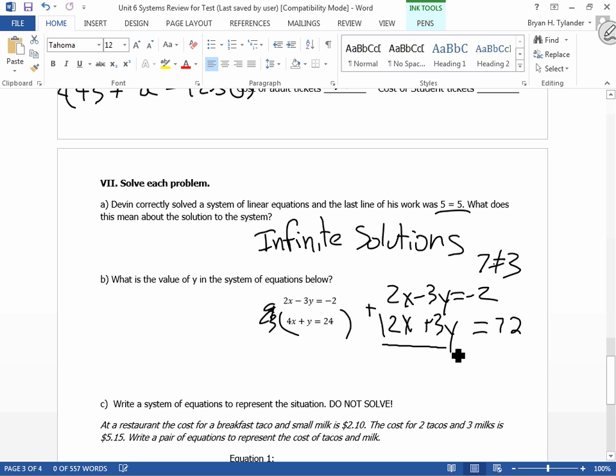Then we add the two equations together and I'll get 14x equals 74. Divide both sides by 14. Wait, I made a mistake somewhere. Where did I make my mistake? Oh, sorry. It equals 70 when I add those together. There's my mistake.